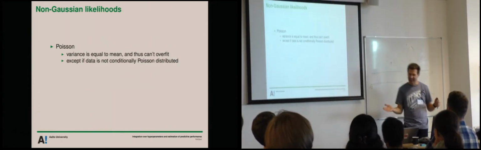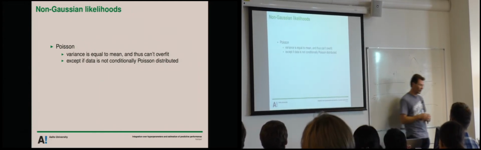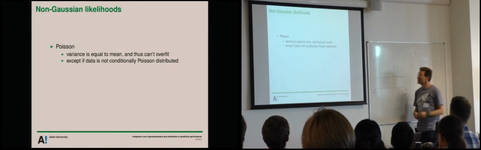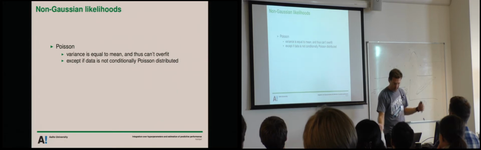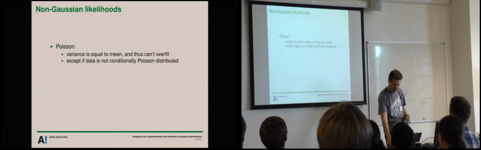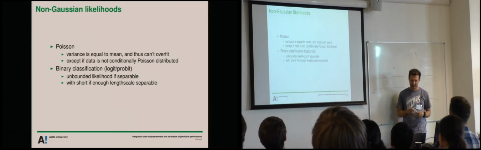Except if the data is not conditionally Poisson distributed. So if, for example, it has over-dispersion compared to Poisson, then you can overfit. And then you can get the length scale again too short. But of course, you should use such model checking approaches that you can also find that you would need some other distribution.